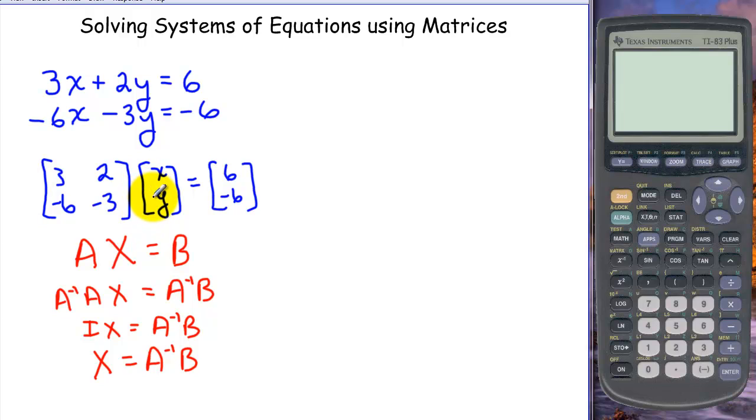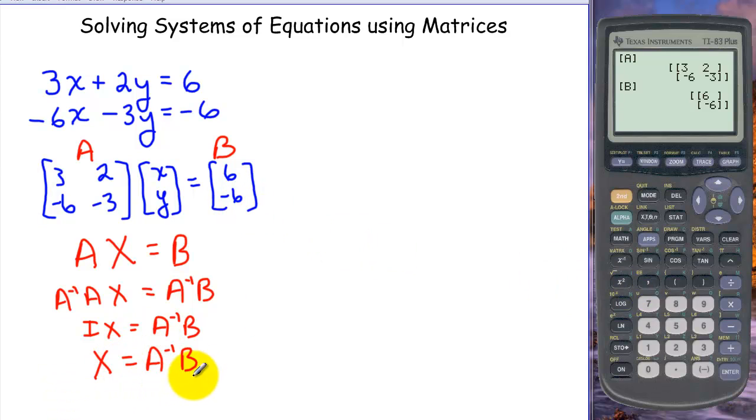So now we're going to use the graphing calculator to solve this problem. I'm going to enter this into A and this into B. I'm going to pause here and enter that, and then we'll come back in a second. Okay, now I'm back. And we can see here I've entered into matrix A our coefficient matrix, and into matrix B the right side of the equation.